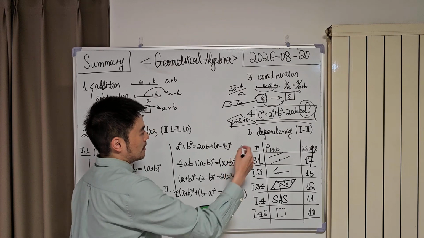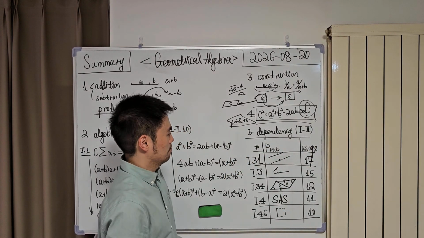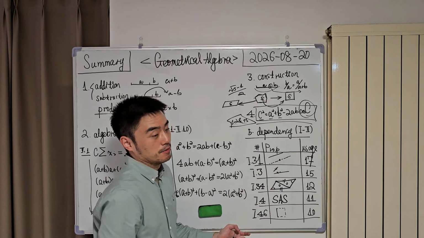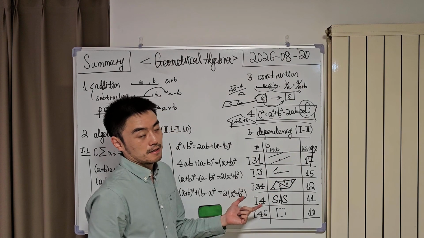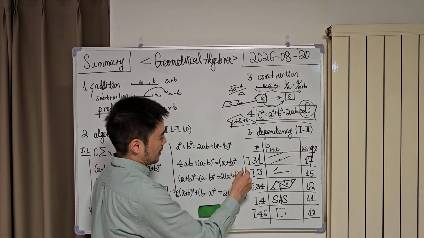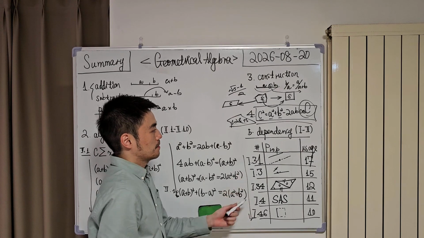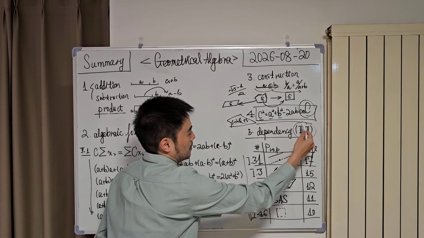And finally, let us have a brief look at the most frequently used propositions, just like the summary of book 1 we have covered. Currently, these are the 5 most frequently used propositions in the range of book 1 and book 2.